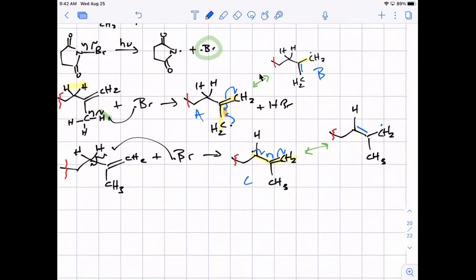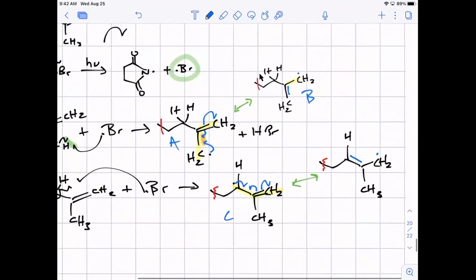So now I've got 4 radicals that I've created. I made 2 and I got 2 resonance forms, right? So these are all because of resonance. I made 2 through the traditional way of abstraction, and then I got 2 more because of resonance.